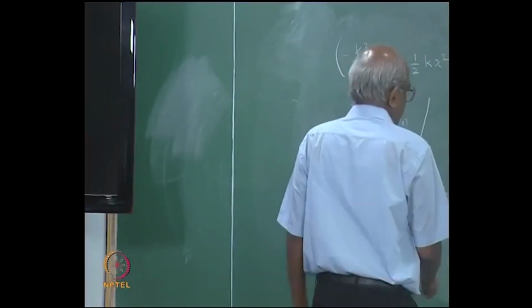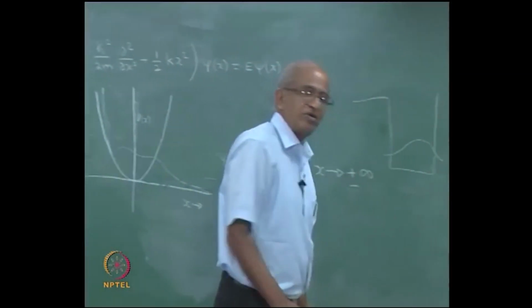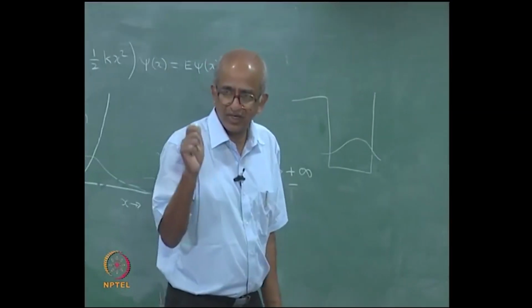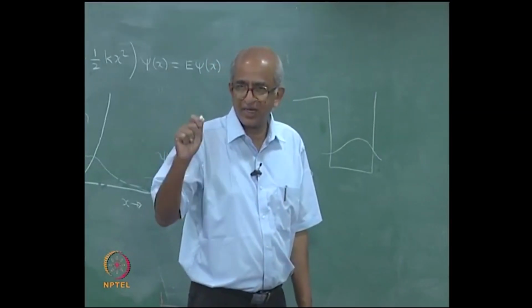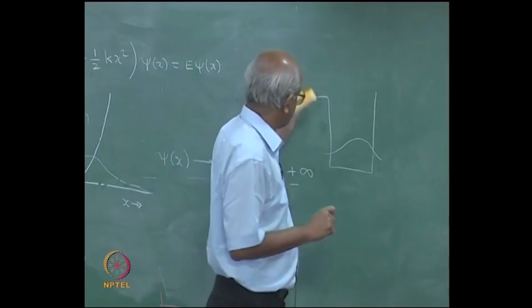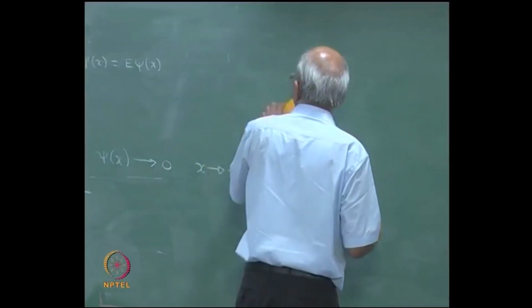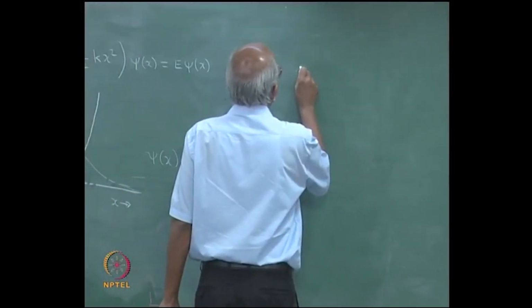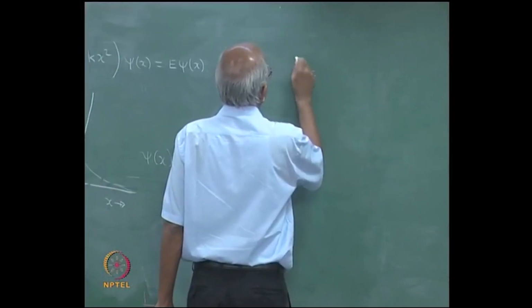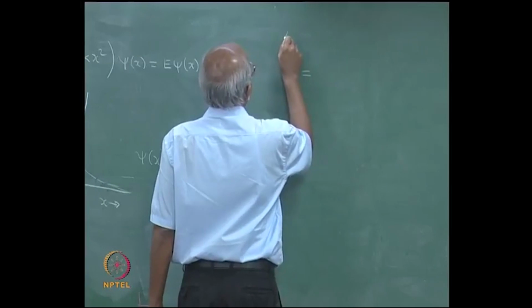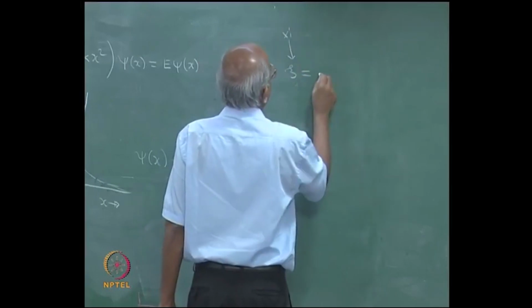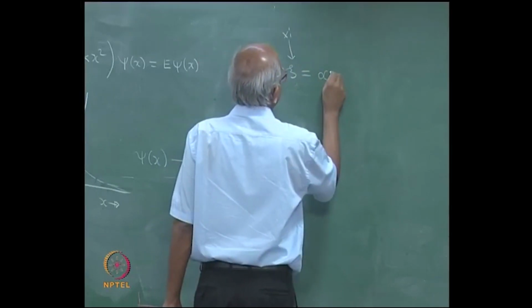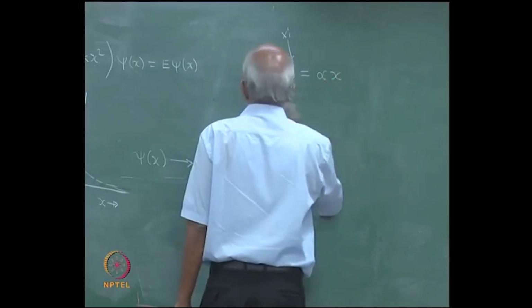Well, I am going to introduce one more constant. I want to get rid of all these constants, but that I do by introducing one more constant. So, what I will do is I will define a new variable which I will denote as xi, and I will say that it is equal to a constant alpha times x.